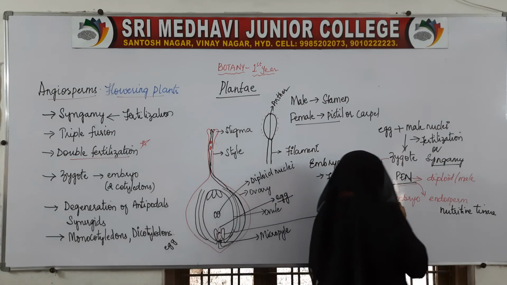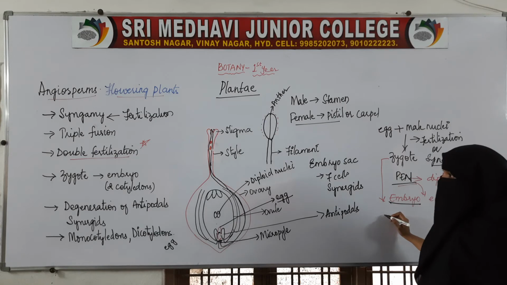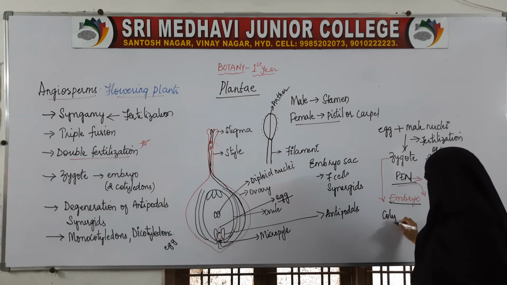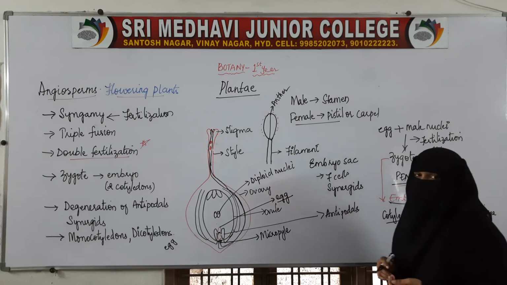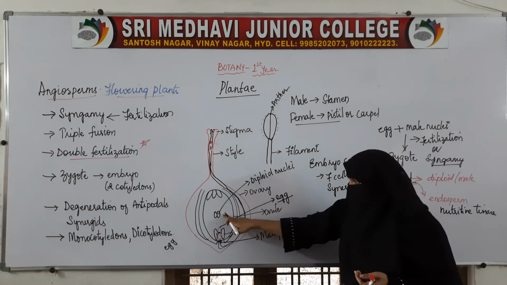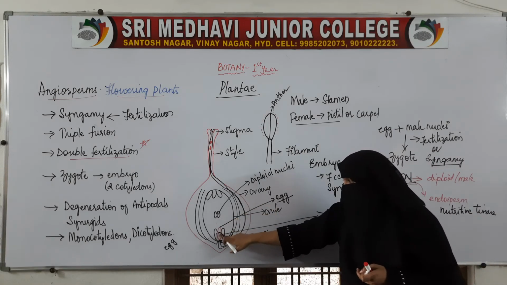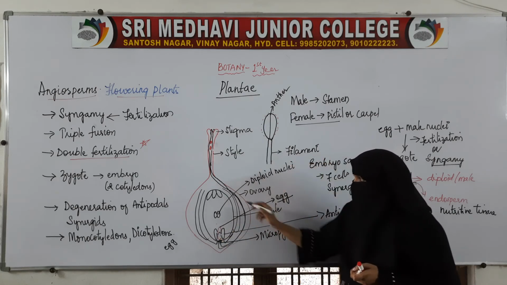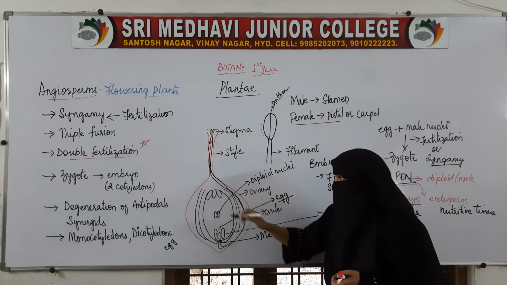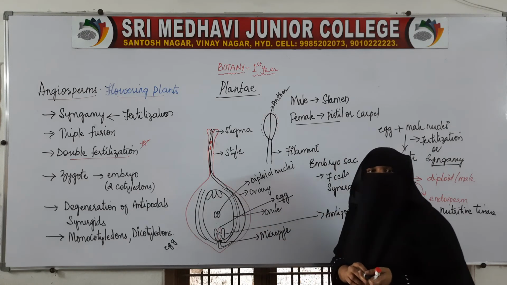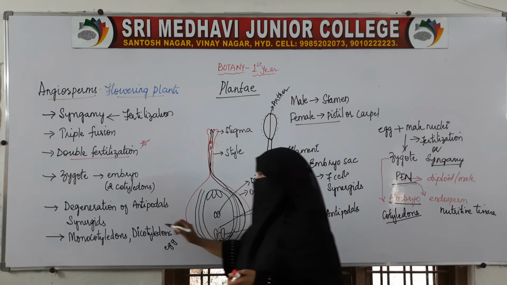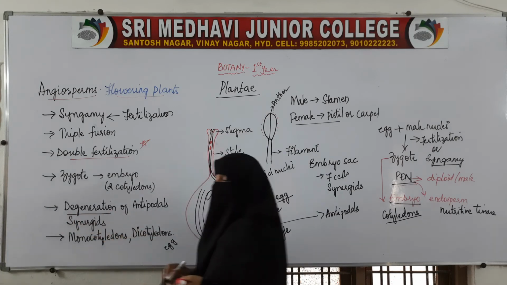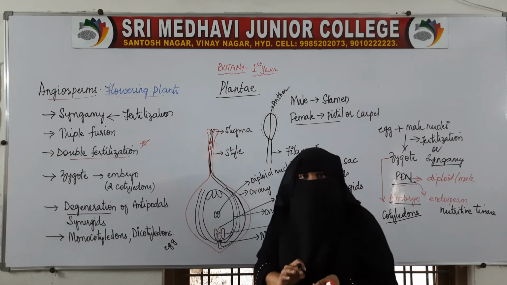The embryo will have cotyledons inside it. After this has changed into endosperm and this has changed into embryo, the rest of the cells, the synergids and the antipodals, will degenerate.